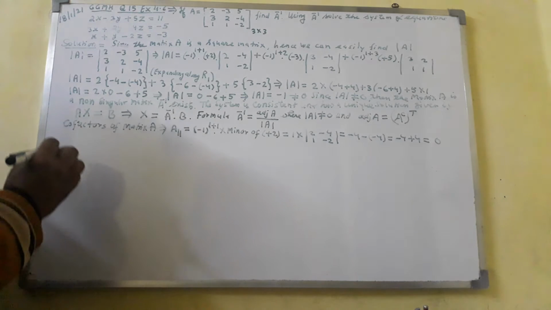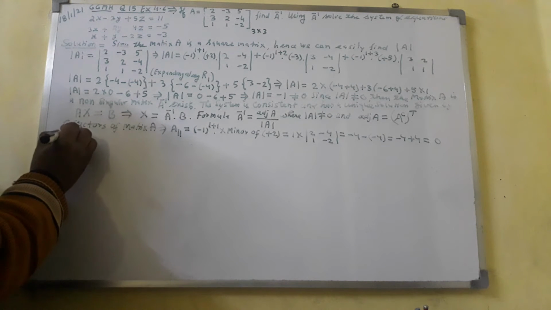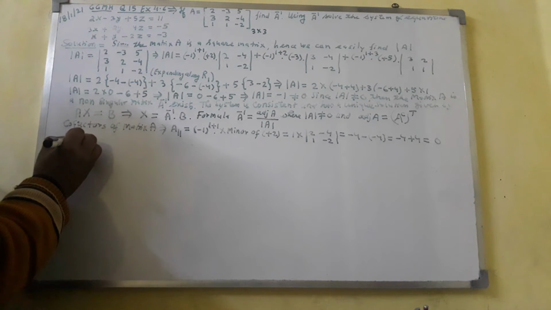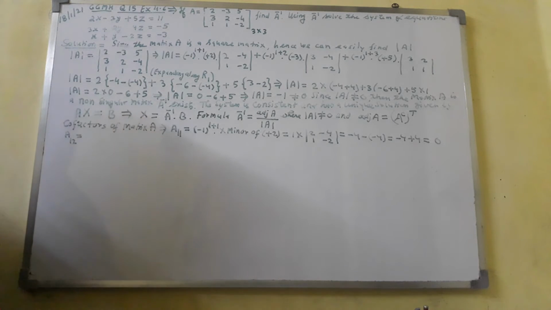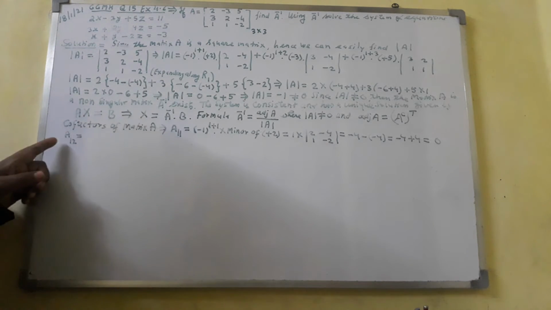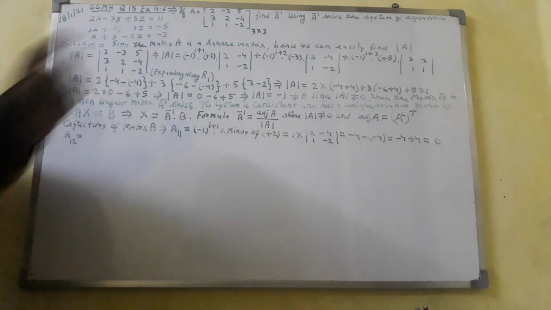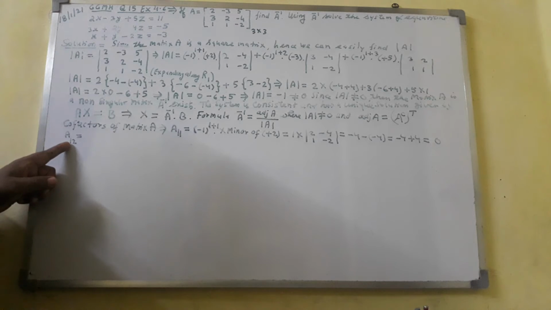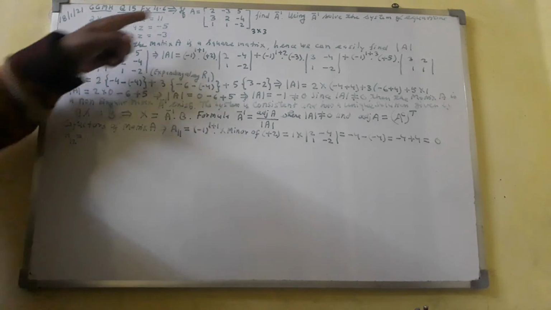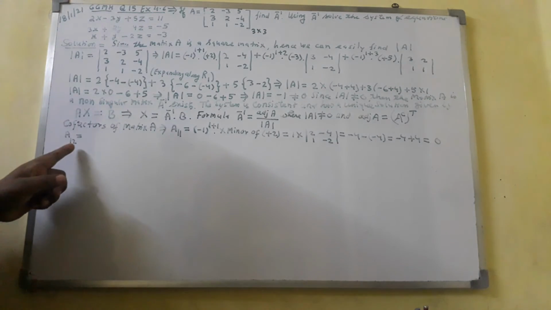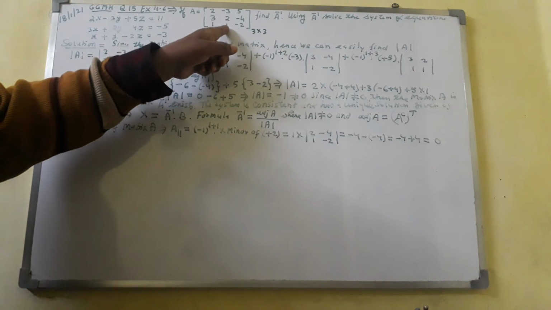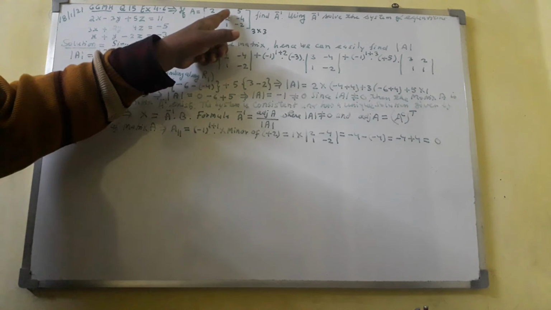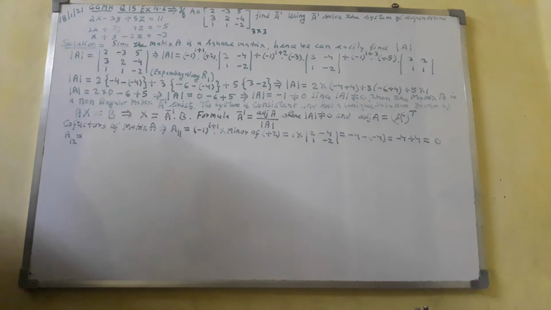So here I shall write A12. A12 means A is the matrix A, this one means first row, the first row I shall locate, and this one means second column, second column I shall locate. We will get this element -3.